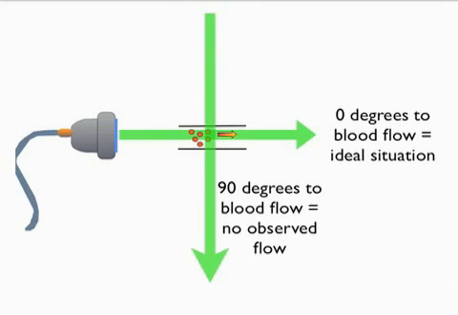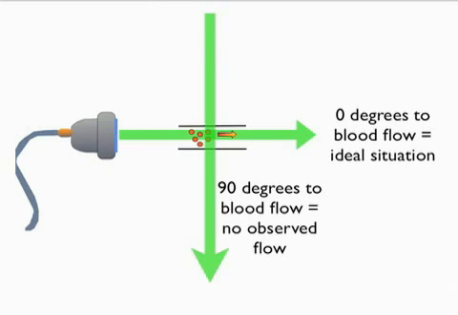However, often in regional anesthesia applications, the relationship between the blood flow and the ultrasound beam is 90 degrees. When this happens, the cosine of 90 degrees is 0. This generates the artifactual no-flow situation.